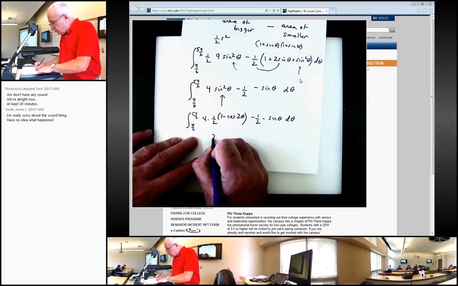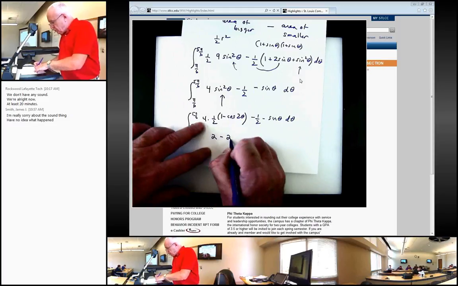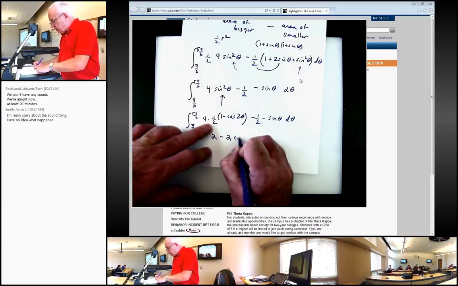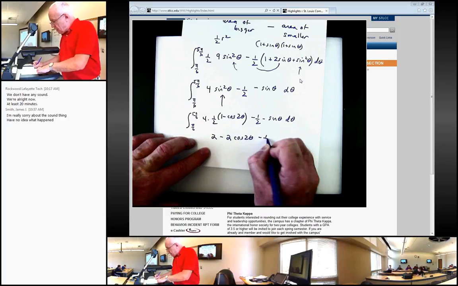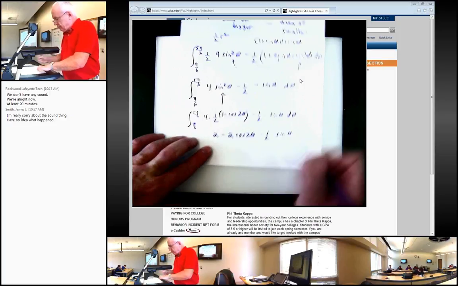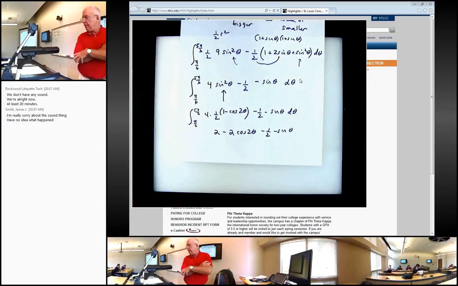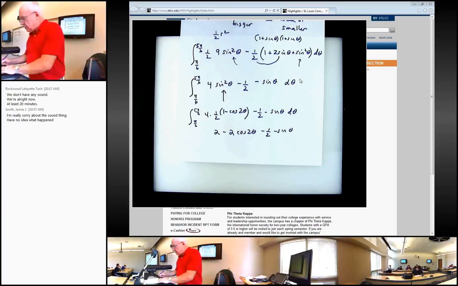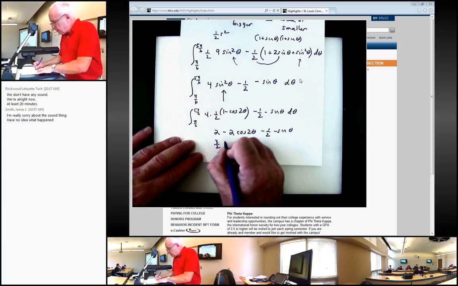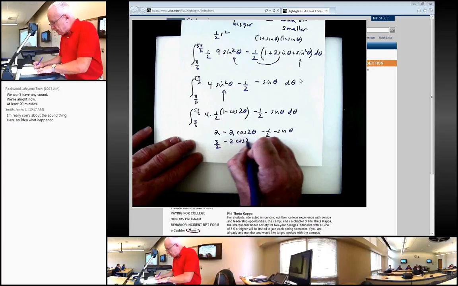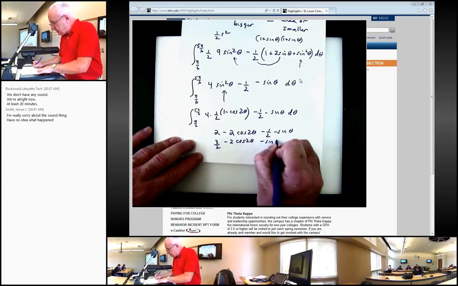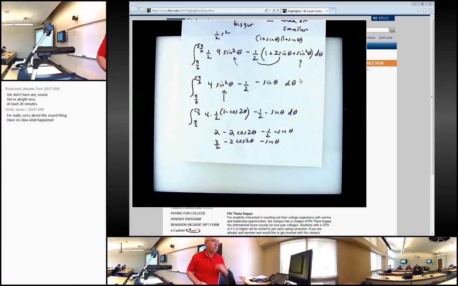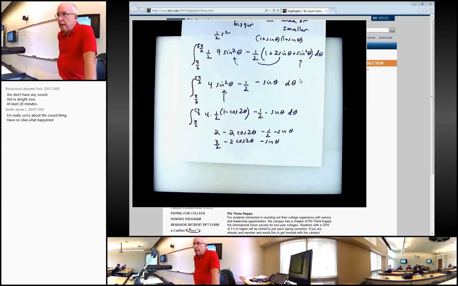So that's 2 minus 2 cosine of 2 theta, minus 1/2 minus sine of theta, all right? And then 2 minus 1/2 is 3/2, so 3/2 minus 2 cosine of 2 theta minus sine of theta, all right? And then we've reached the end of the road for simplifying.